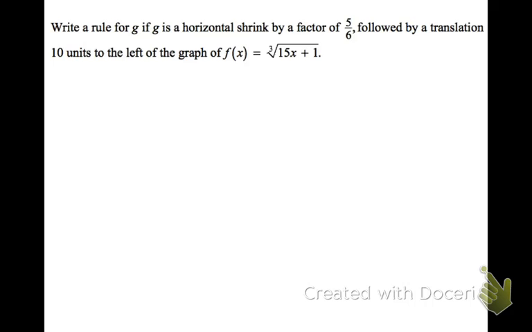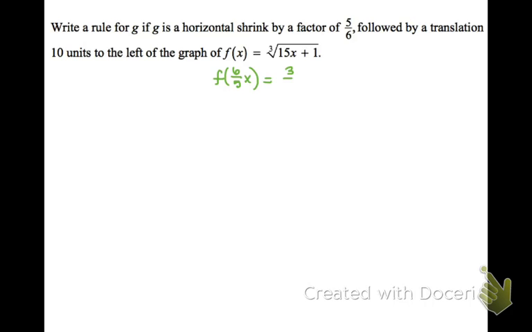So we have to first follow the instructions that we were given. Horizontal is always going to be substituted for the x. So when I perform the horizontal shrink by 5/6, I am going to want to do f of 6 over 5x. That's what we're going to plug in. That's what the rule tells us. 6 over 5, remember, is the reciprocal of 5 over 6.